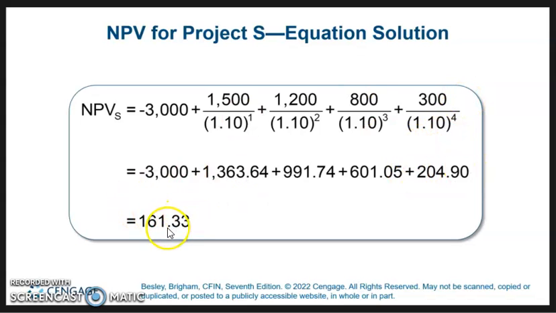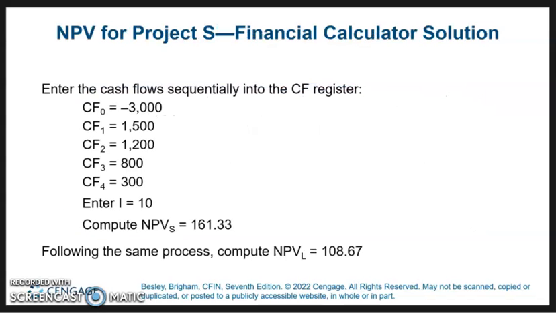We do the calculations and add everything up, and we get the NPV of $161.33. So the next slide shows how to enter it into the calculator. It doesn't show all the keystrokes. We're going to go back and do the same process for project L.